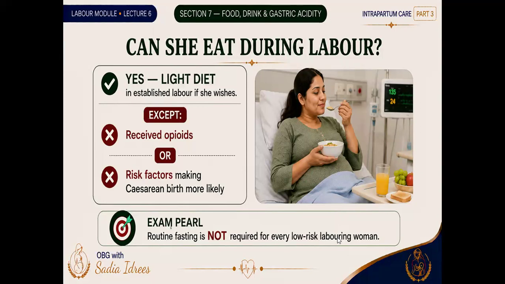So think dynamically. A woman may start labor as completely low risk and be able to eat a light diet. Later, if complications develop and cesarean birth becomes increasingly likely, the advice will change. So for low risk established labor, there's no routine fasting, and this is a good example of why intrapartum care should be based on the woman's current risk, not on outdated blanket rules.